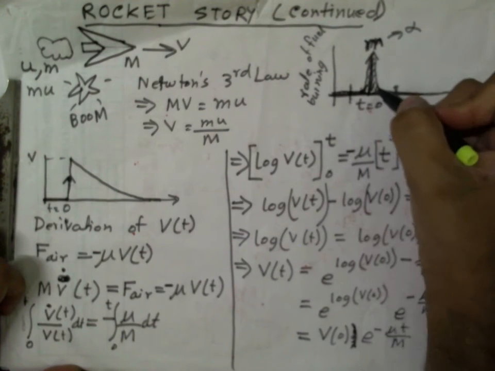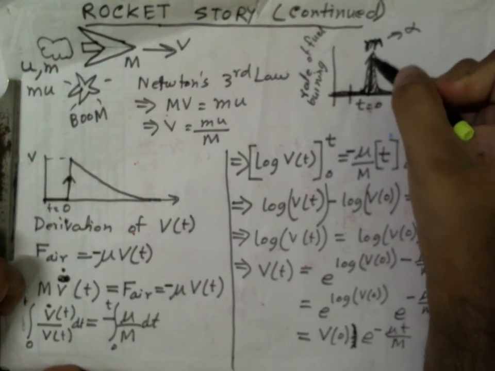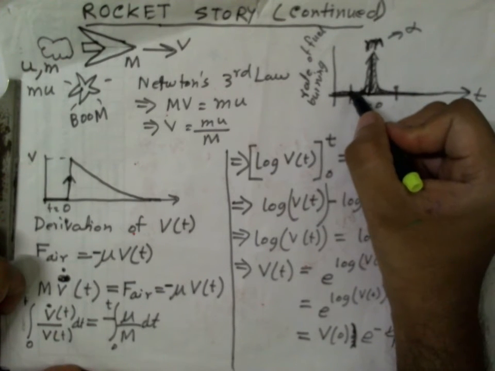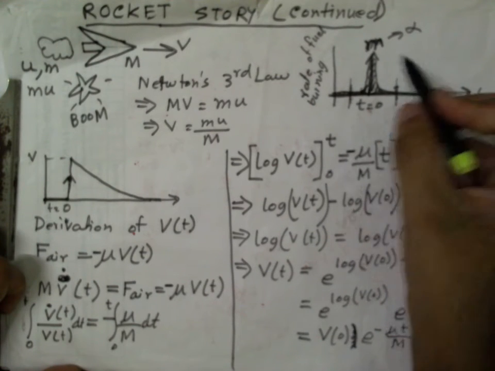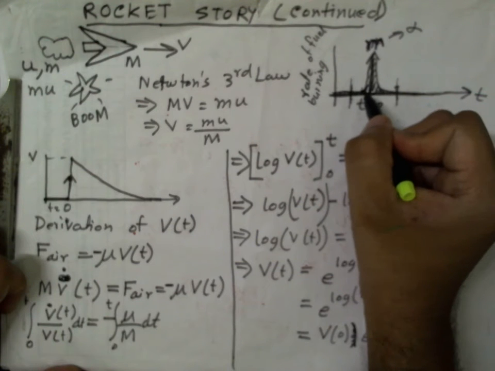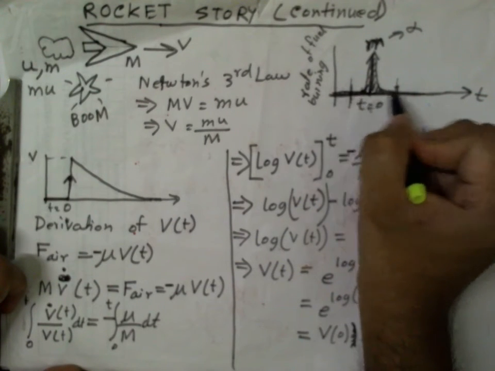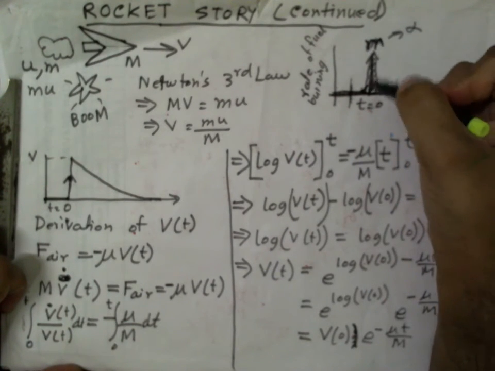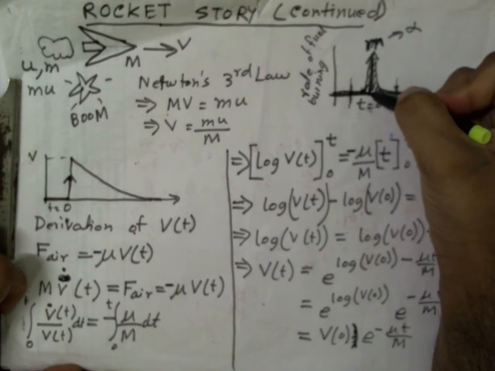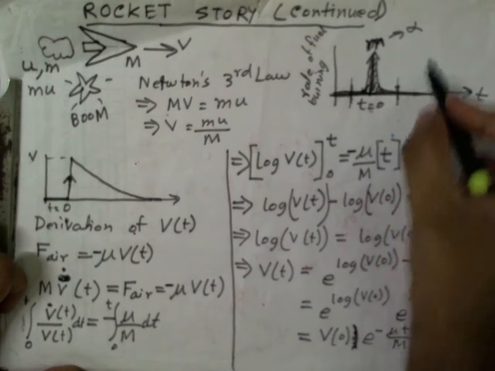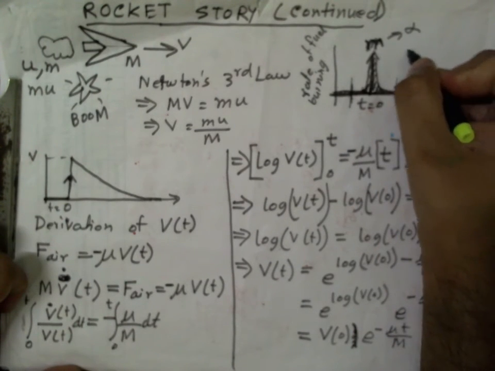Now in this case we know that the total amount of fuel which is burnt is m, therefore the area under this curve should be equal to m. However, this height or the rate of fuel burning at this point should go to infinity. Such a function is called an impulse function.